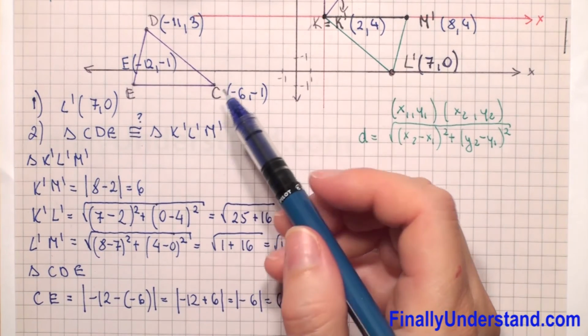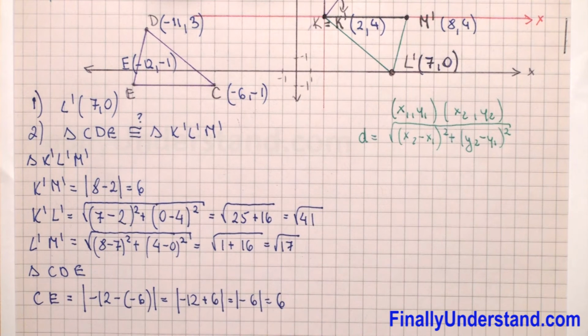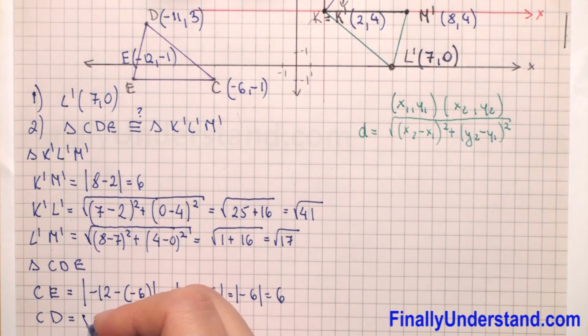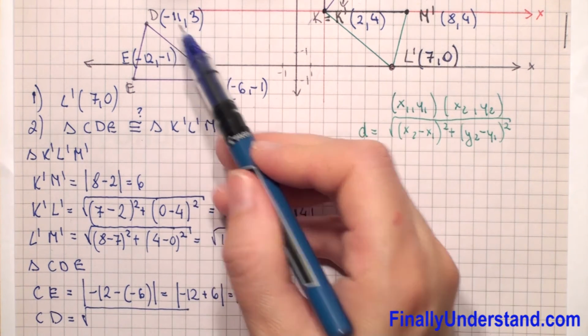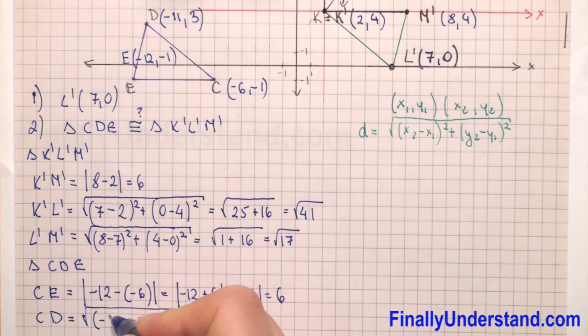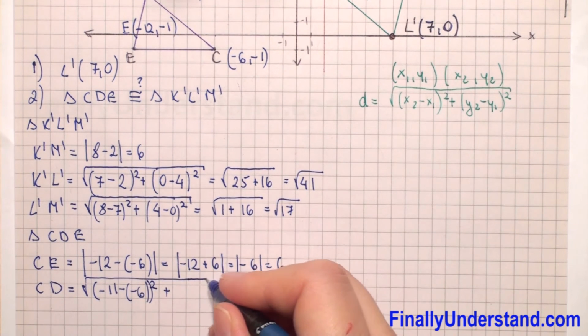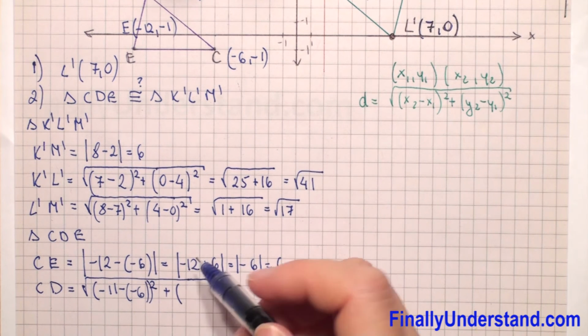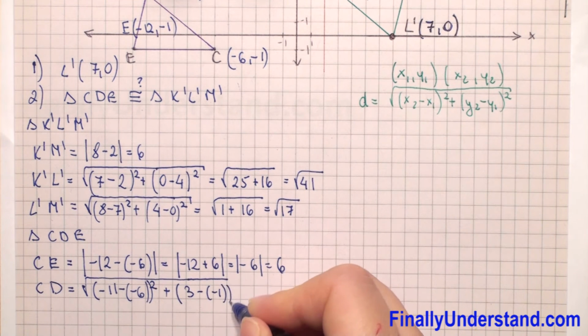Now we will find the CD side. We will use the distance formula. So we first subtract the first coordinates, so this is negative 11 minus negative 6 to the second power, plus, and now we subtract the y coordinates, so this is 3 minus negative 1 to the second power.